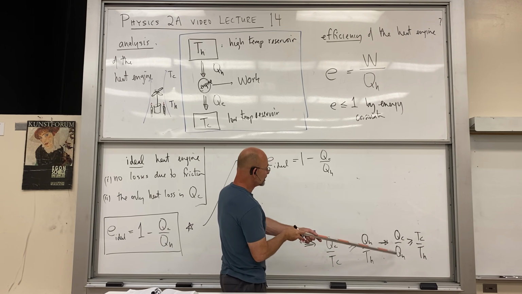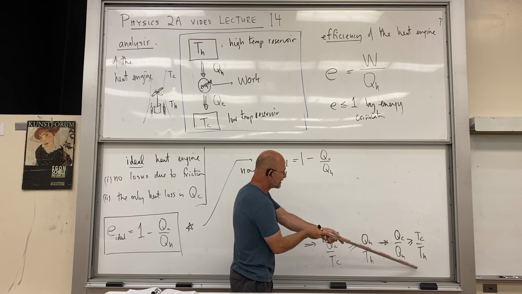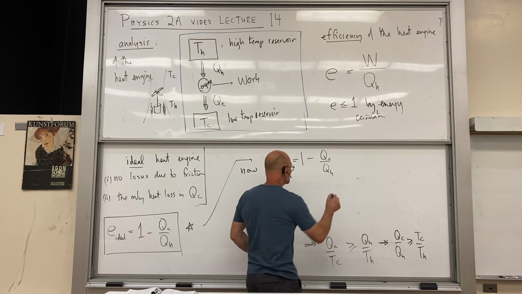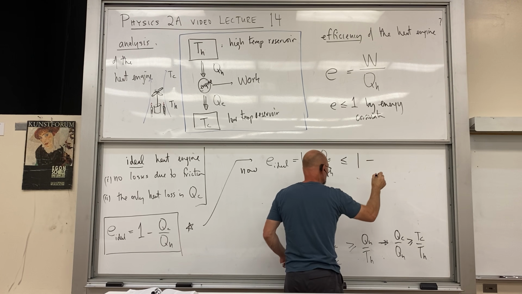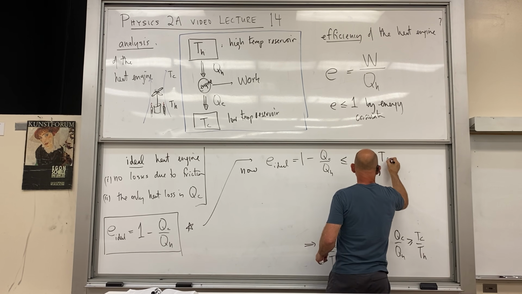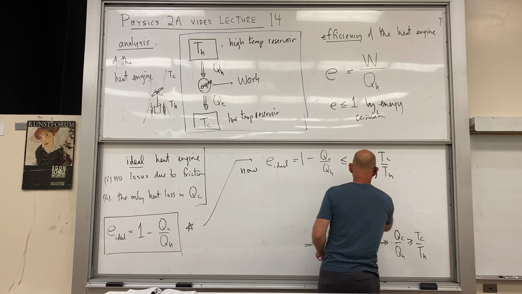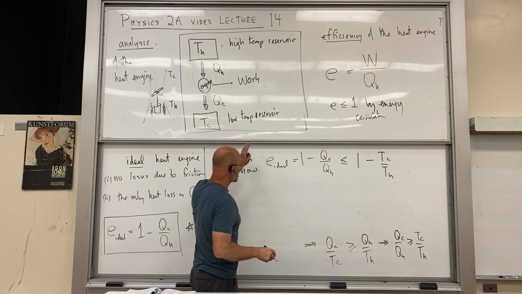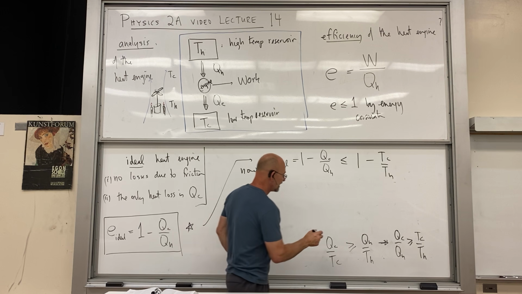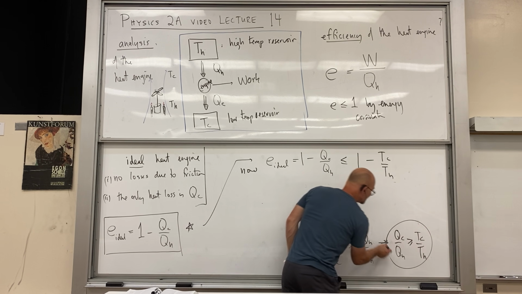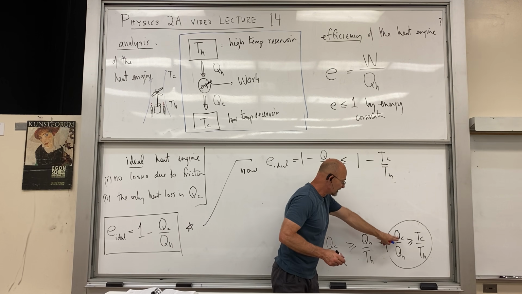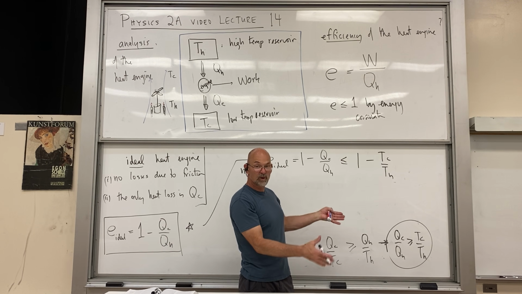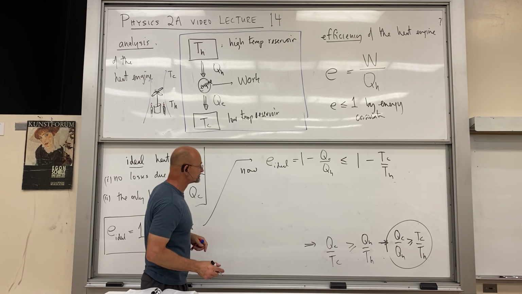Because QC over QH is greater than or equal to TC over TH, we can say this is less than or equal to 1 minus TC divided by TH. Okay. So this was just algebra and inequalities, but a very important inequality, because it simply came from the fact that energy flows from hot to cold originally. It's the second law.